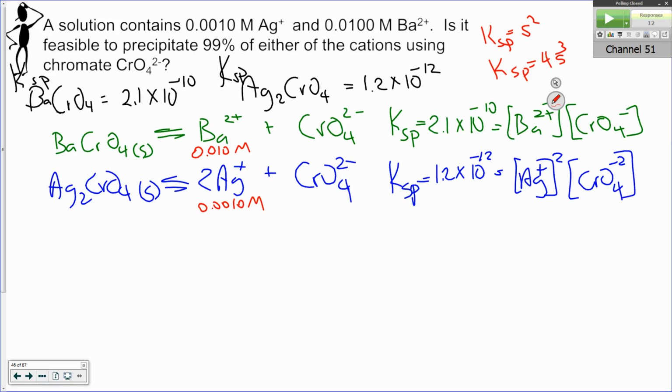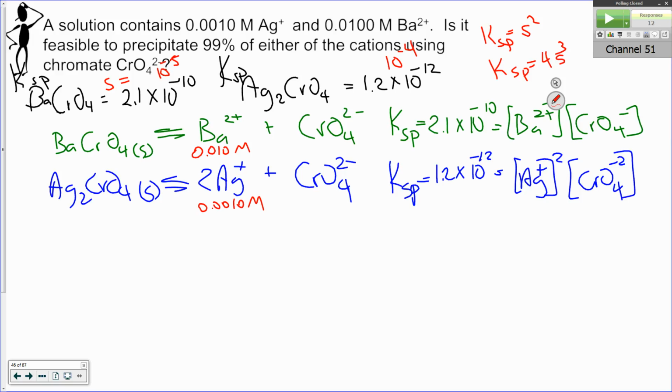So for the barium, just take the square root of KSP, which is something to the minus 5th. So this one's solubility would be something to the minus 5th. And then for the silver, take that KSP, divide it by 4, then take the cube root of it. And I see it as something to the minus 4th, unless I made a math error.